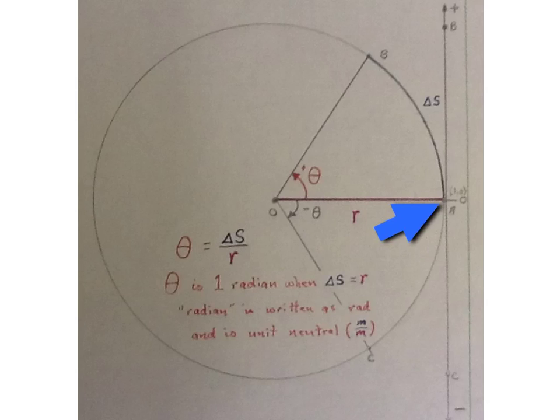Now, a radian is defined comparing how far around the circle we go. So if we start at 0, 0, and we go around the circle this way, okay? If that arc length, delta S, is equal to the radius, however big that is, then we say, by definition, that is 1 radian, and we give it the symbol theta.